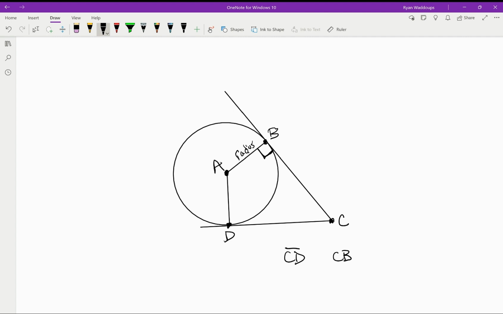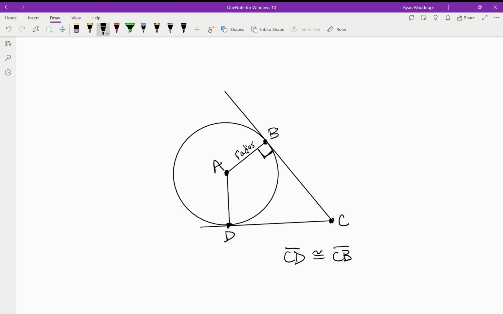If you have two lines that are tangent from the same point to the same circle, those two segments will be congruent, which means that if this is 7, then this is 7, and if this is 17, then this is 17, and if this is 342, then this is 342. So their measures will be the same.